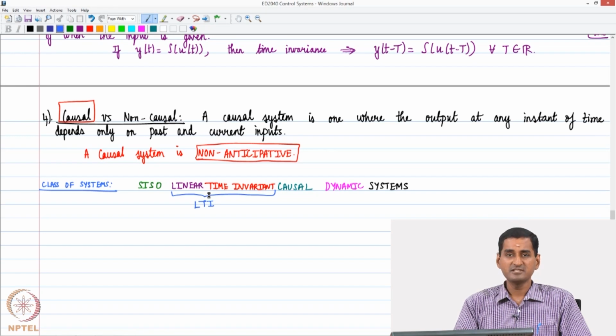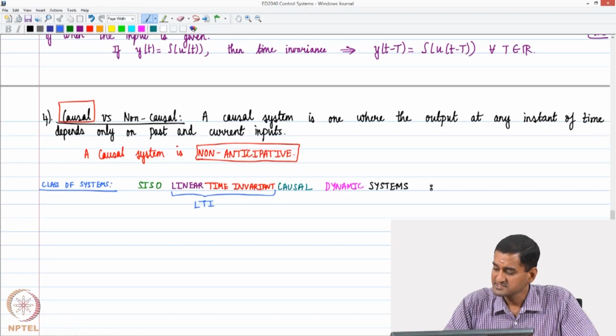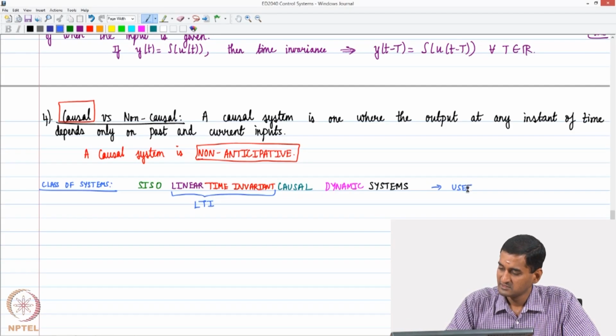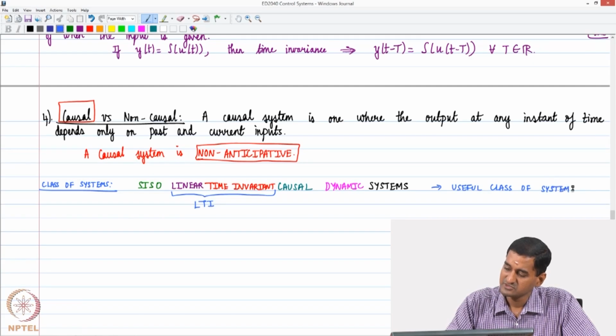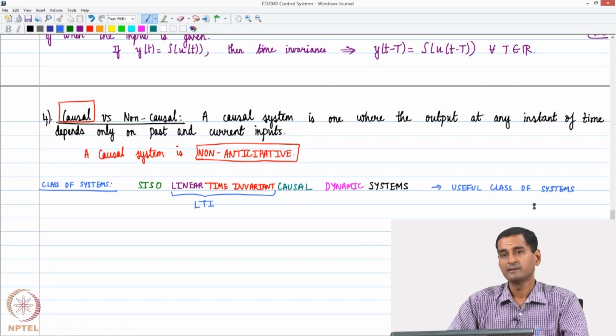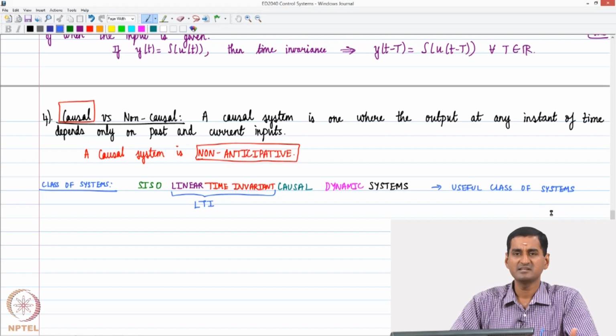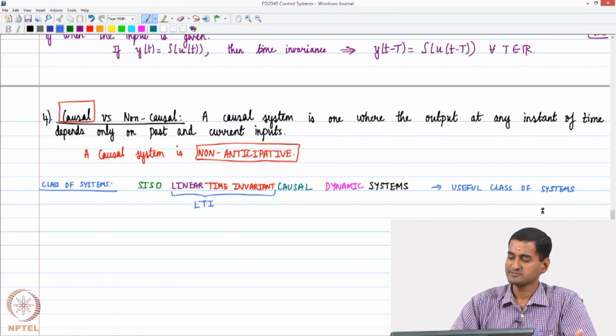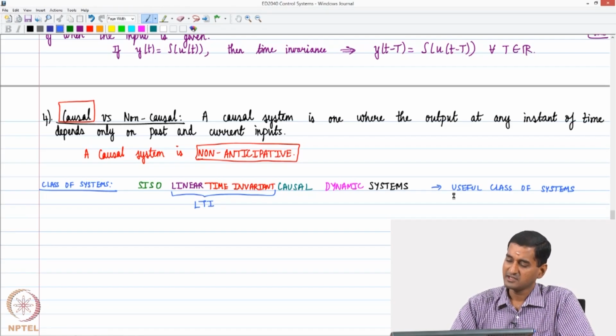Of course, when I ask the question, is this a reasonable class of systems to study, the answer is yes. This is a useful class of systems to study, because we will see later in this course, when we look at case studies and so on, that this is a reasonable approximation as far as many practical problems are concerned.